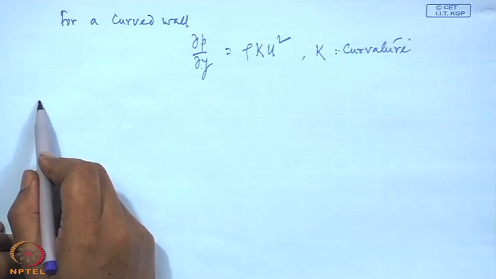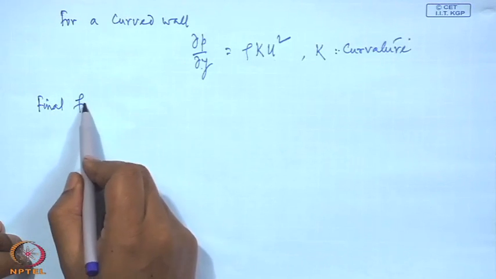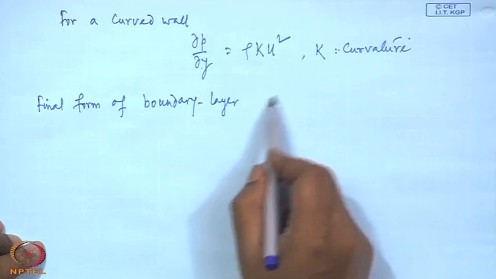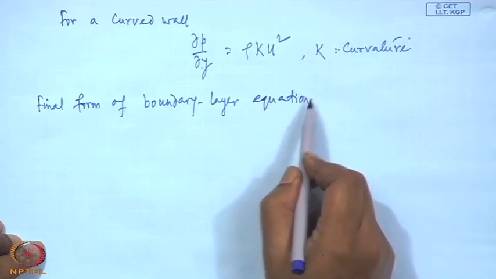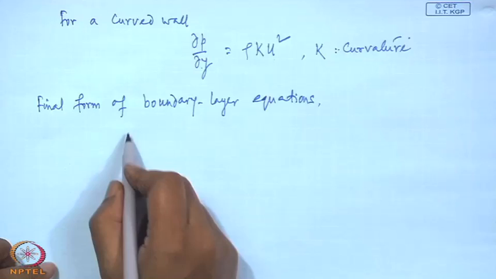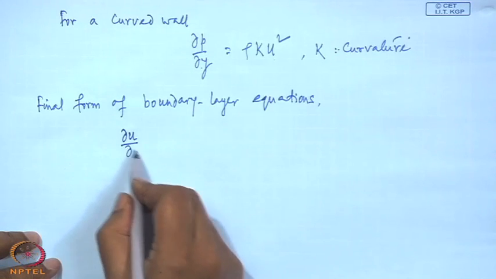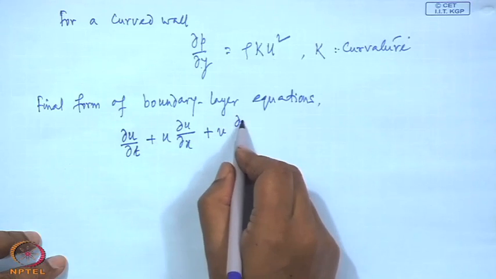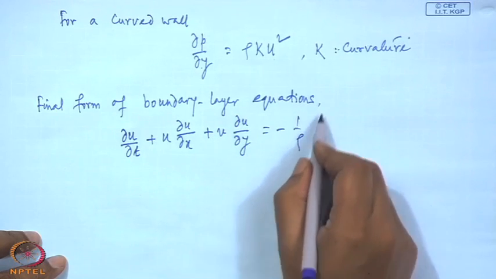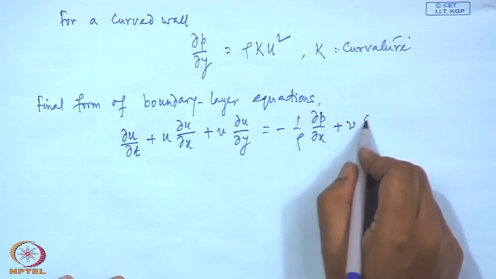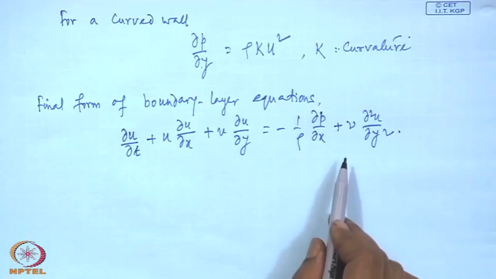So the final form of the boundary layer equations, we are again using the dimensional form, not the non-dimensional form.